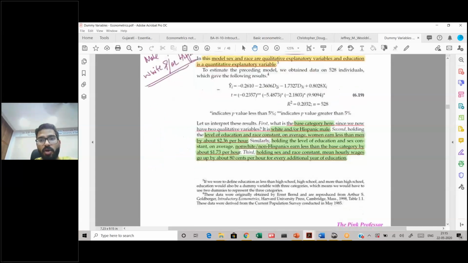This is going to be your base category: white and or Hispanic male. Rest of the interpretation, the t values are pretty large and the values for xi is pretty large. The rest you can interpret on your own.